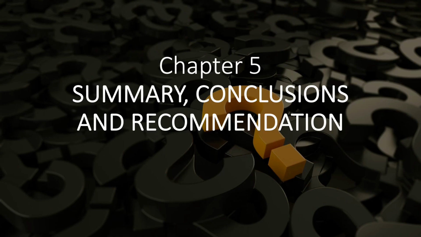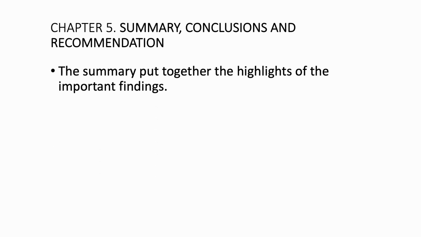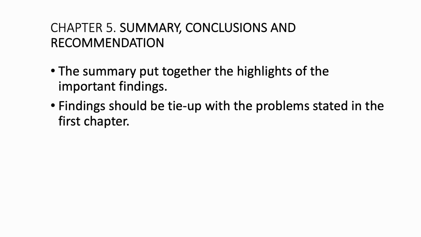We go now to chapter 5, summary and conclusion, or summary, conclusions, and recommendation. Right. So, what about chapter 5? Okay. The summary puts together the highlights of the important findings. It's a summary. Okay. And then findings should be tied up with the problem stated in the first chapter.